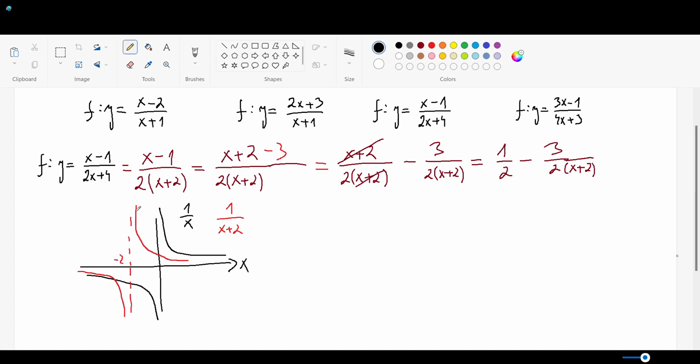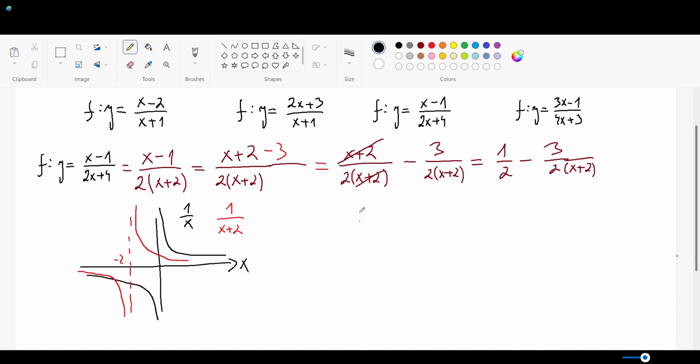So all the values which are above the x-axis will become negative, and all the values which are below the x-axis will become positive, because positive times negative means negative, and negative times negative means positive.